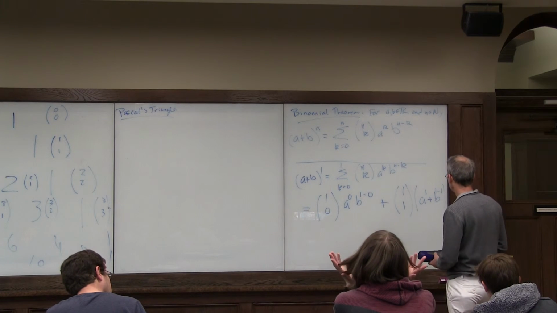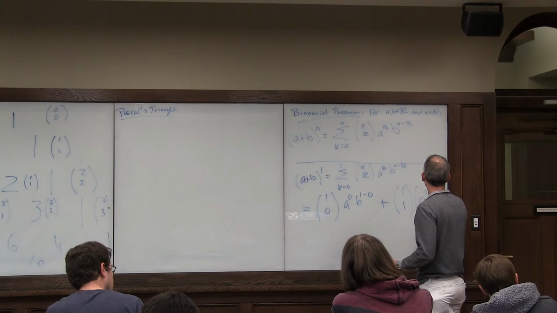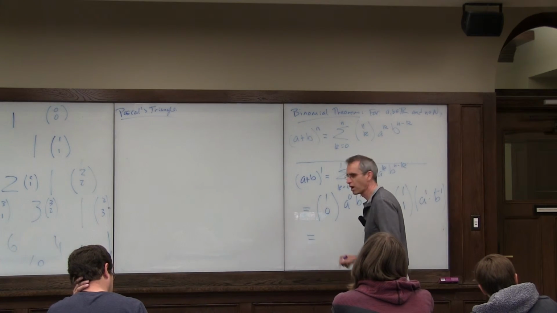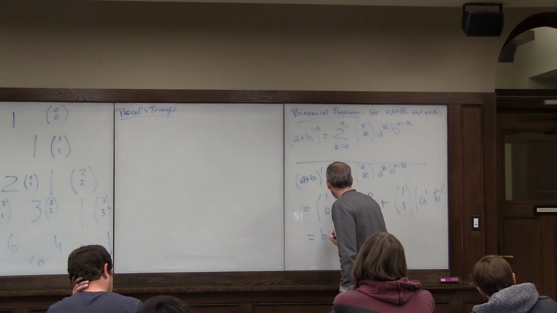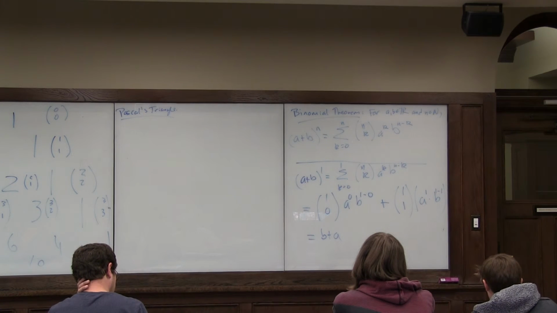Shouldn't it be times, not plus? Times, yes. Which is a really complicated way to write what? Yeah, b plus a. And you know multiplication is commutative, so it's right.